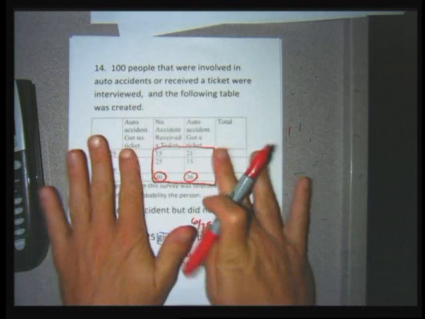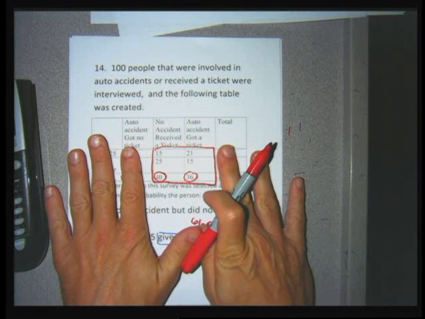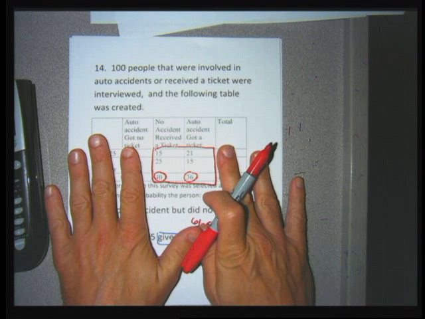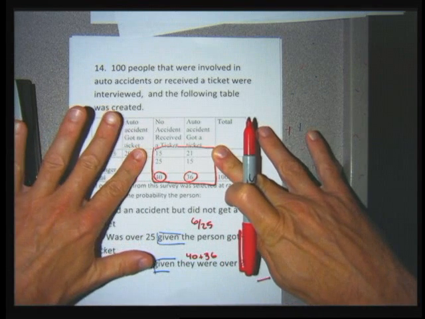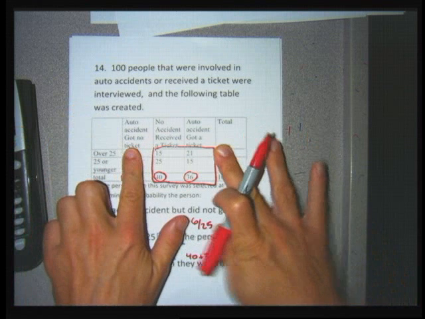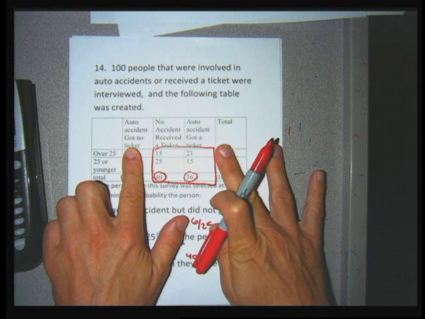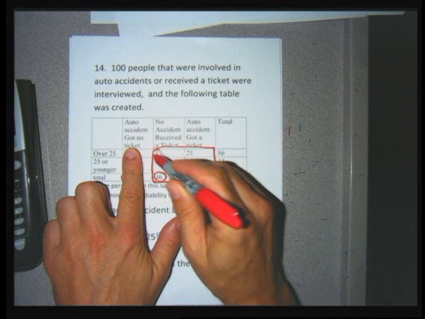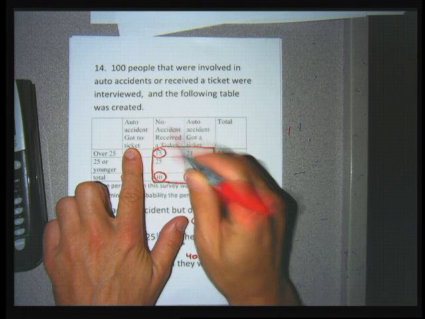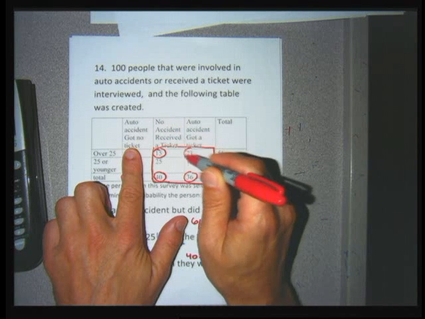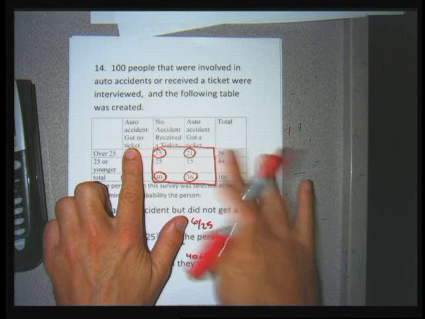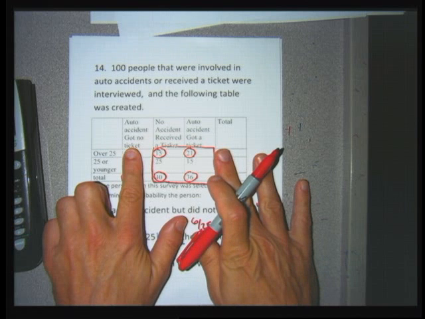I'm not looking at the far left column or the far right-hand columns because I'm only looking at the people that received tickets. There are 76 people that received tickets. Of these 76 people, the numerator is going to be the number of these people that were over 25, and the numerator is going to be this 15, the people over 25 that didn't get an accident and received a ticket, and the 21 that were over 25 that got an accident and received a ticket.